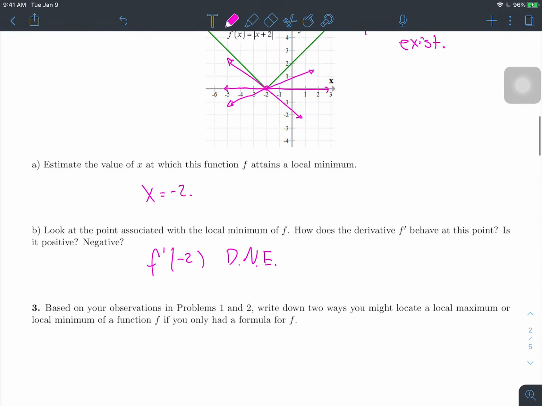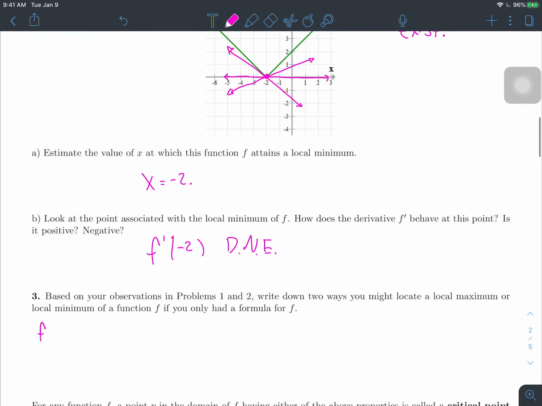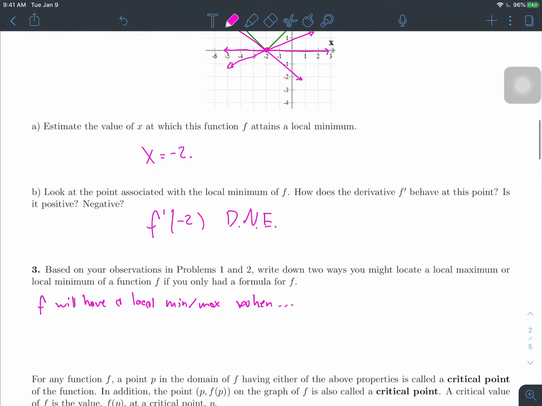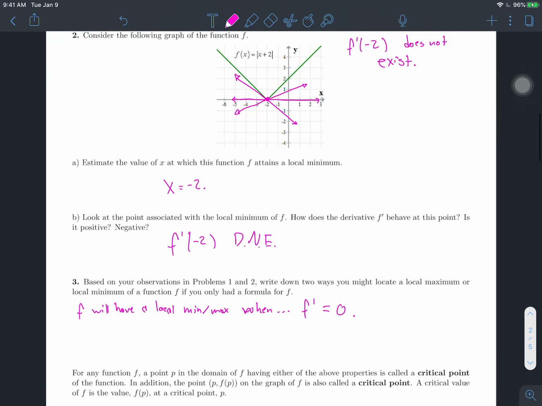So to be clear, I want to write a statement that says f will have a local min or max when... Previously, I had written f prime equals 0. And we just put a period here and said done. But we found out with this case that that's not exactly an all-encompassing hypothesis.